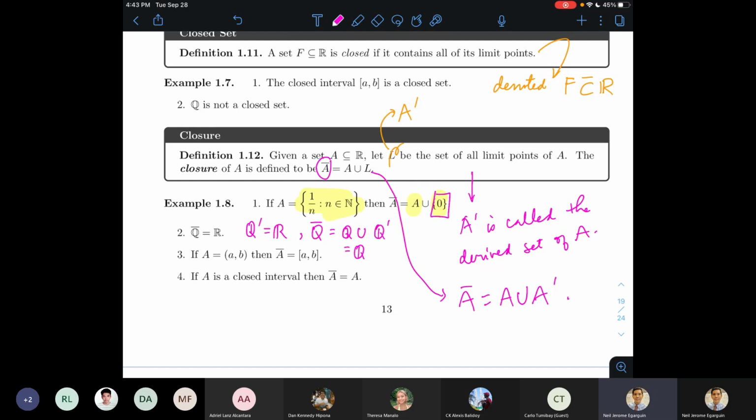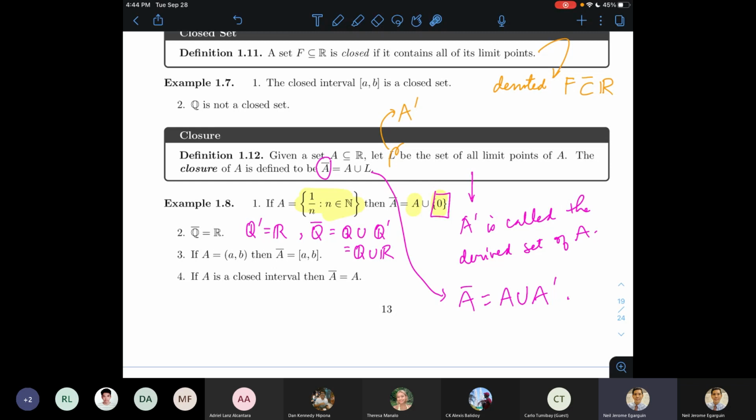But Q prime is R, so Q bar is Q union R, and that will give us the set of real numbers. So ang closure o completion ni Q ay set of all real numbers. Though I'm using the term completion here in a very loose way. Okay. Hindi natin kasi finormalize na ganun yung construction ng completeness. Okay? Pero in some world, in some parallel universe or some parallel Math 155 course, posibleng ganun yung pagkakadesign ng completeness. Okay?